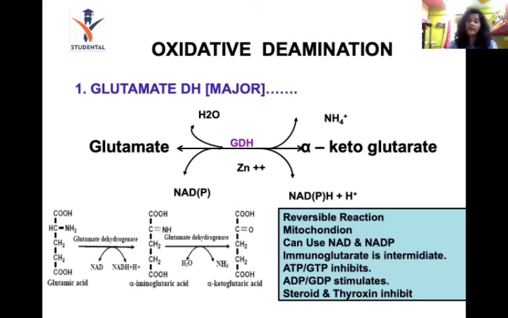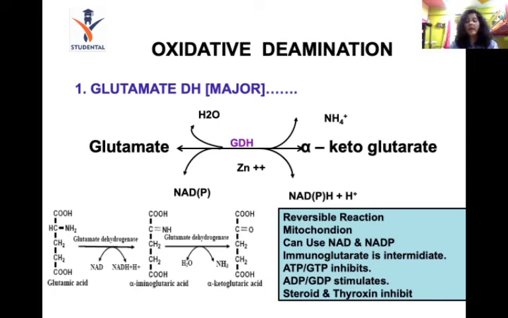On the contrary, if energy levels are low, like ATPs are less in the cell, it would be stimulated. There would be more conversion of glutamate into alpha ketoglutarate, and this alpha ketoglutarate will be utilized as a source of energy in TCA cycle.